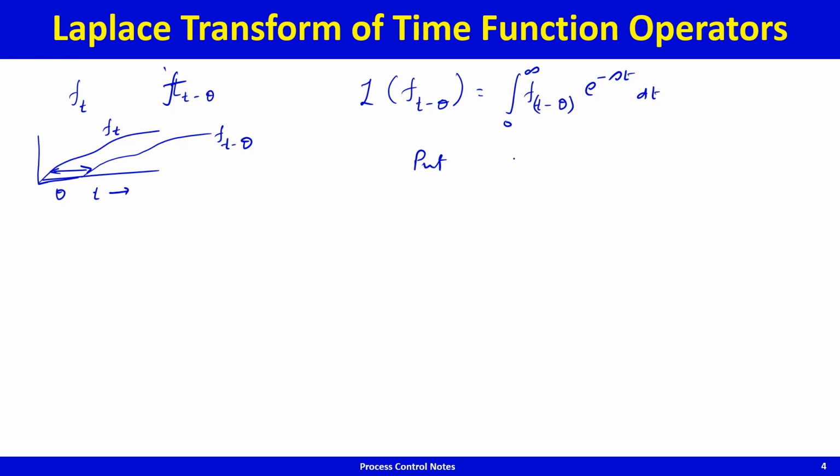Put tau is equal to t minus theta, then the integral limits go from minus theta to infinity, remains infinity, and then you say f of tau e to the power minus s times tau plus theta, d tau, sorry.